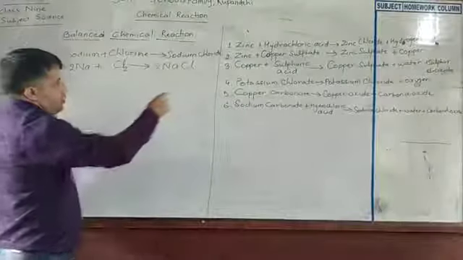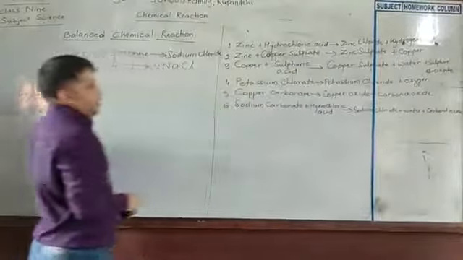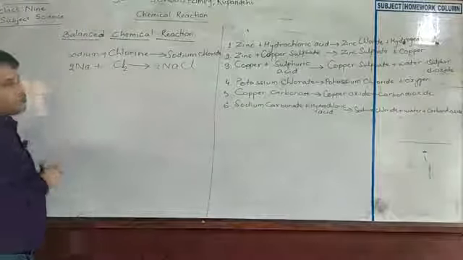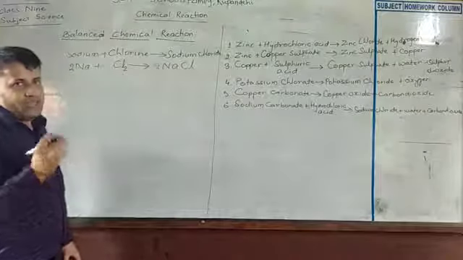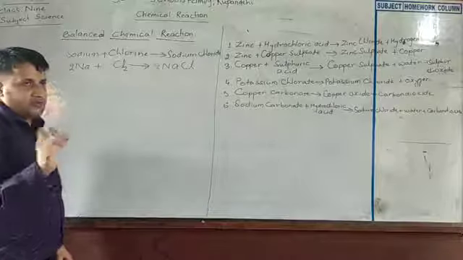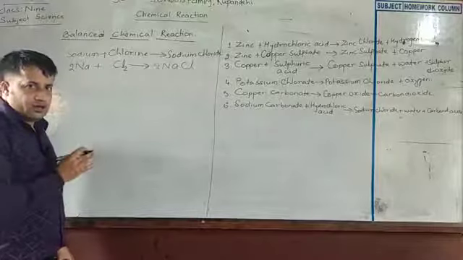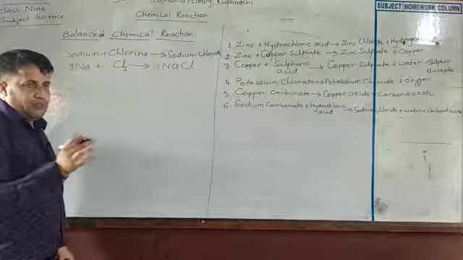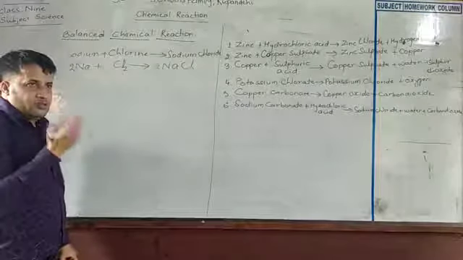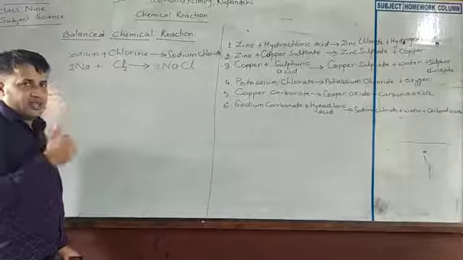Okay. Now let's do another example. Zinc plus hydrochloric acid gives zinc chloride plus hydrogen. So we have to convert the word equation into a balanced chemical equation. First we write the word equation, then the formula equation, then count the number of atoms or elements in the reactants and products, then whichever has the highest number, we have to balance that.